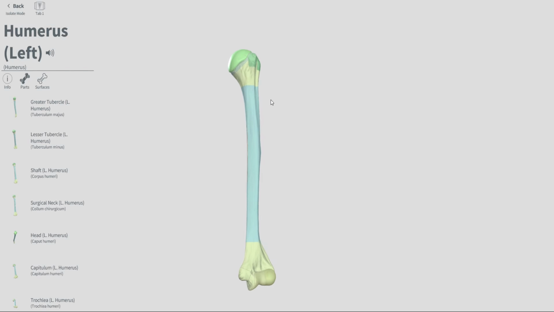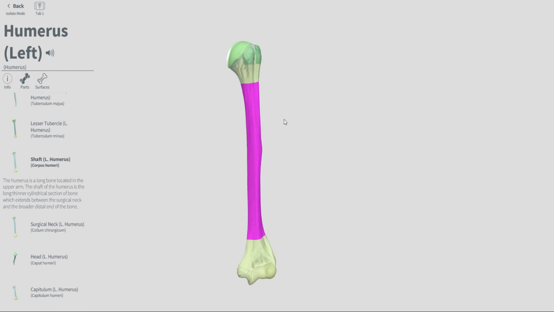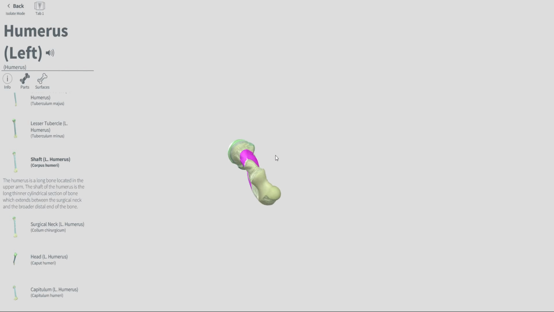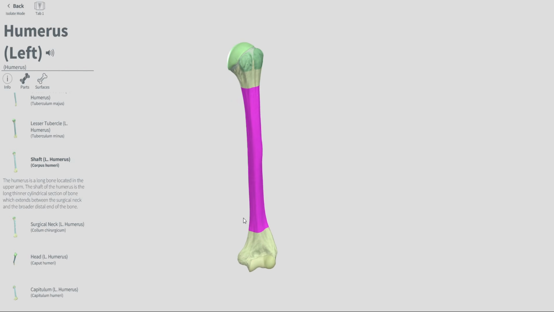The light blue area over here is just the shaft of the humerus. So I guess these are the most important parts of the humerus to mention.